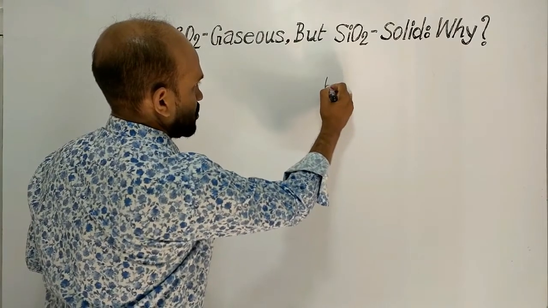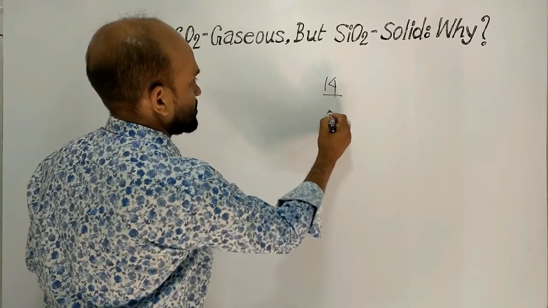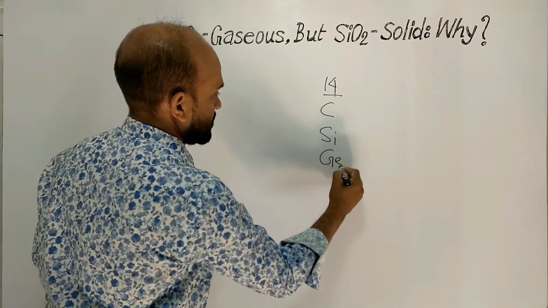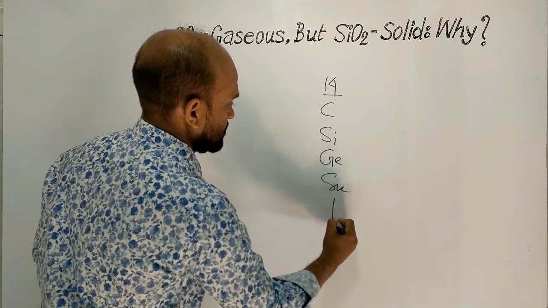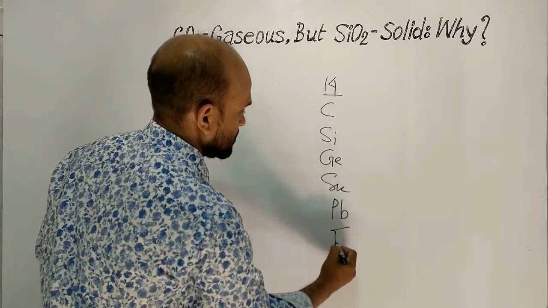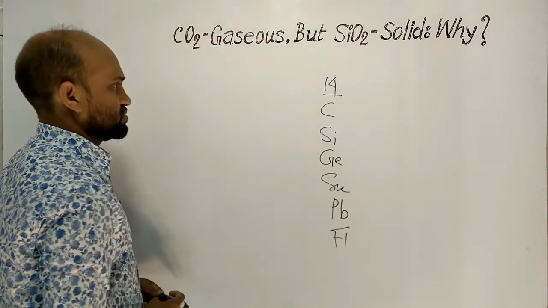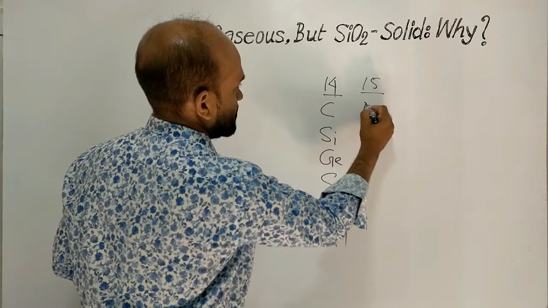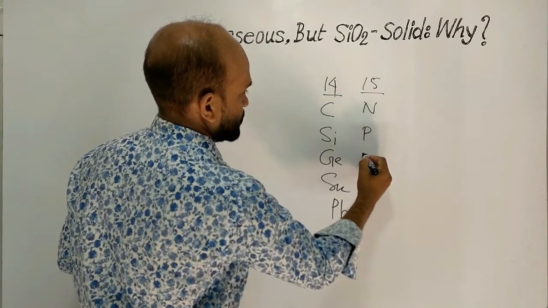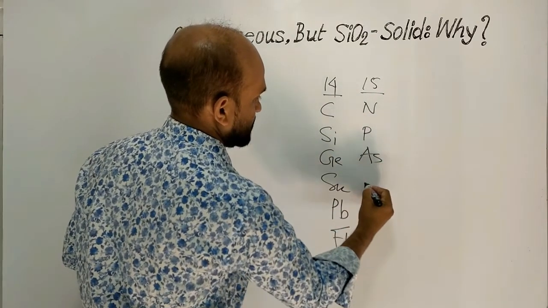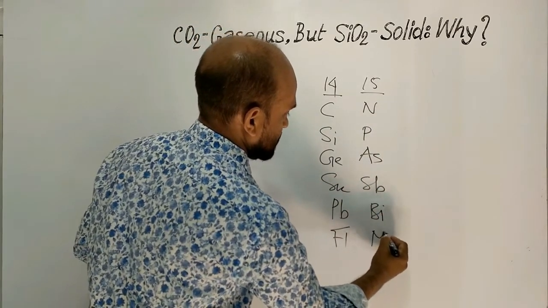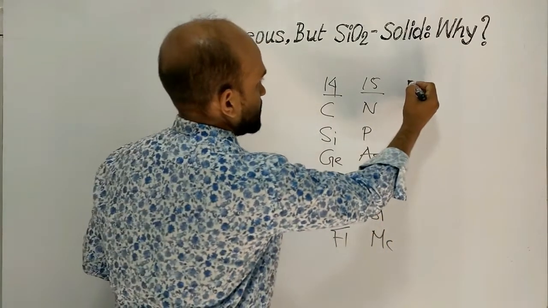Elements of column 14: carbon, silicon, germanium, tin, lead, flerovium. Elements of column 15: nitrogen, phosphorus, arsenic, antimony, bismuth, moscovium.